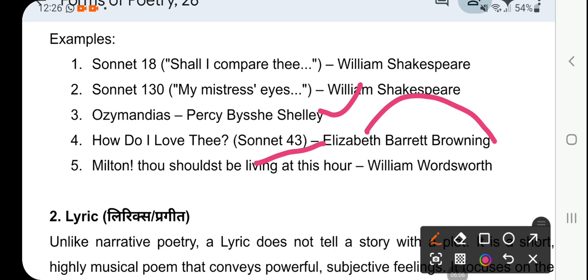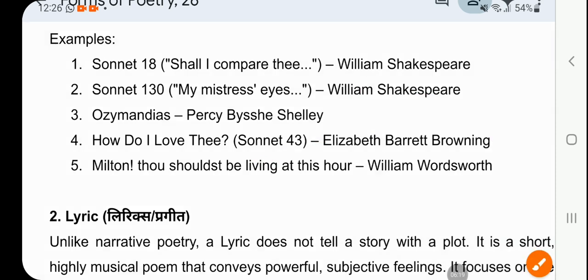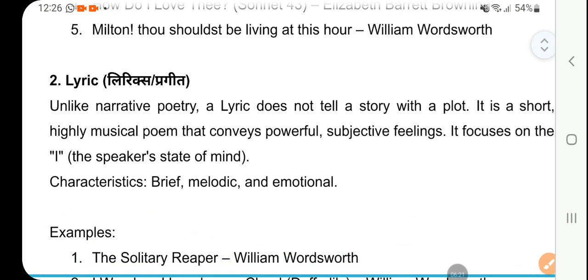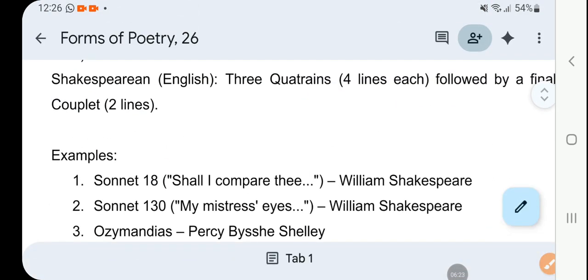And next is Milton, Thou Should Be Living at This Hour, written by William Wordsworth. So these five names you have to remember, right? So this is about sonnet.